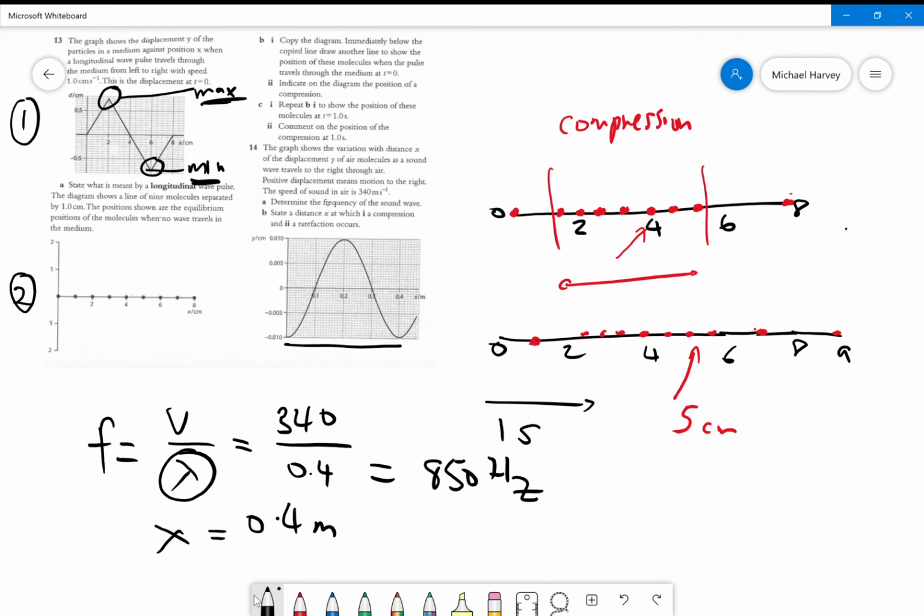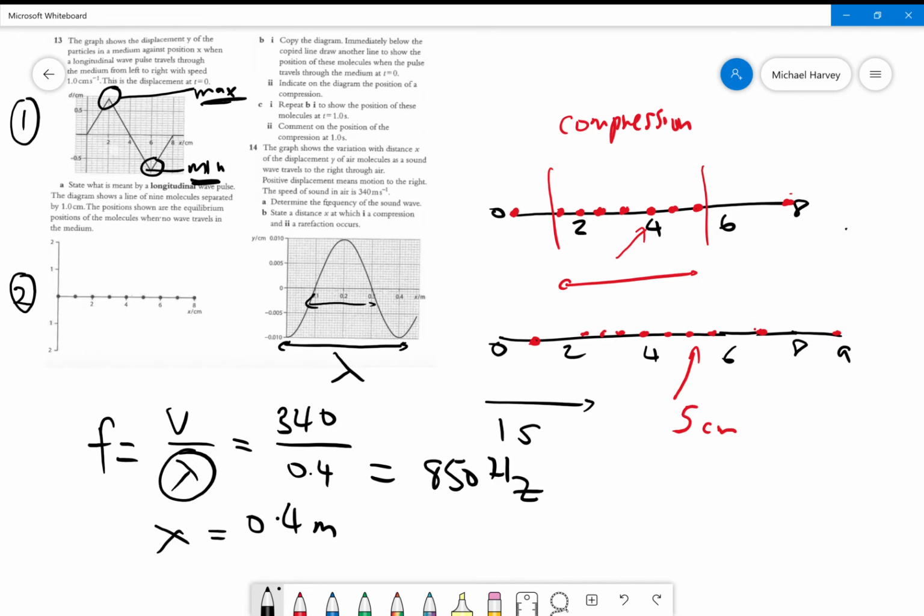That's how we got it there. That's the wavelength there. And how did we come to the conclusion around when the compression occurs? It's around about 0.3, this distance here.